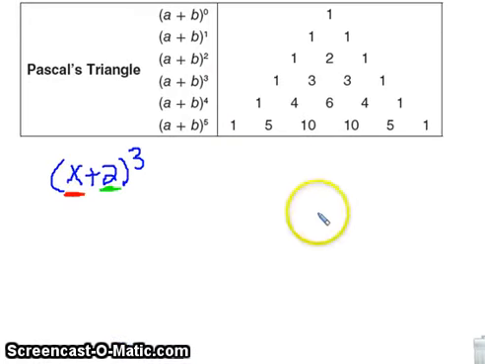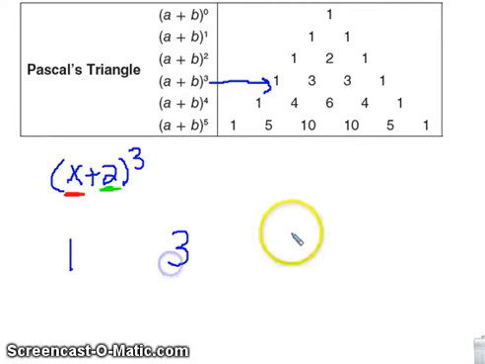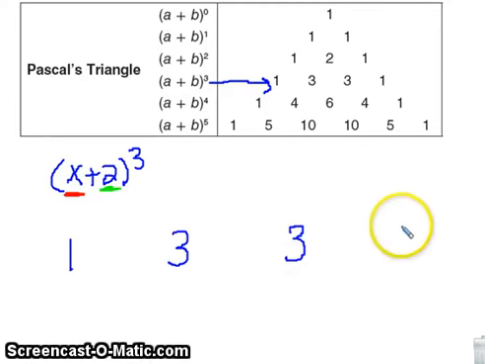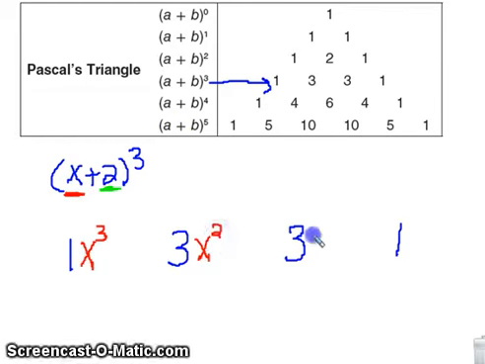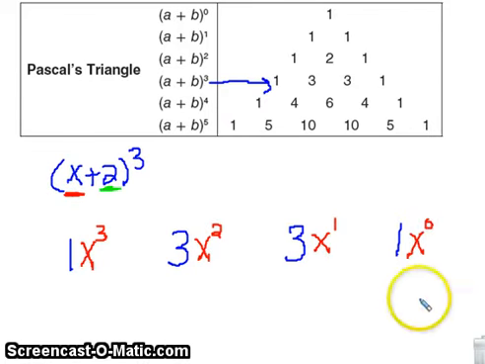Next example. If we want x plus 2 cubed, that means we're on this list of coefficients. So we write 1, 3, 3, 1. We start with our x on the left. Because we're cubing it, it's going to be x to the third, x to the second, x to the first, and x to the 0.